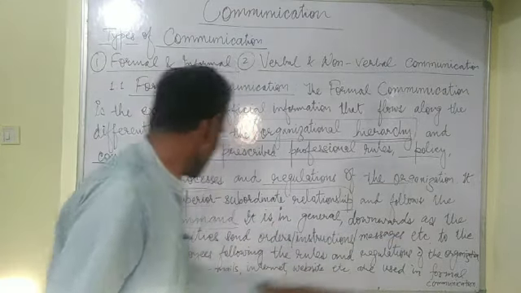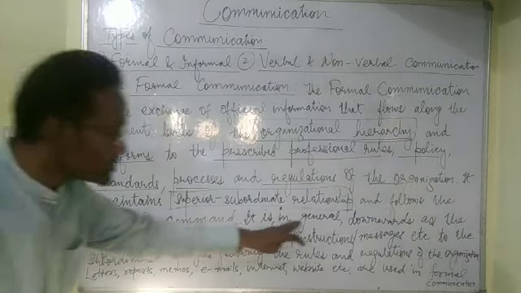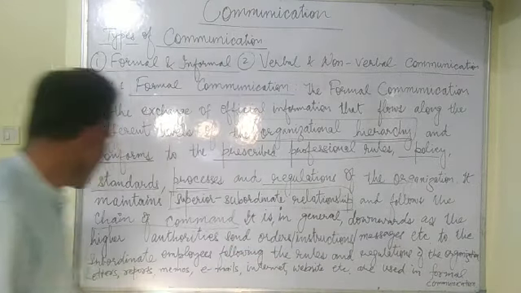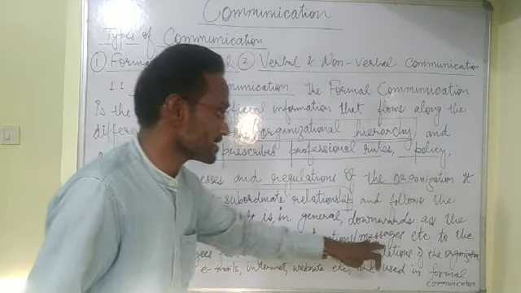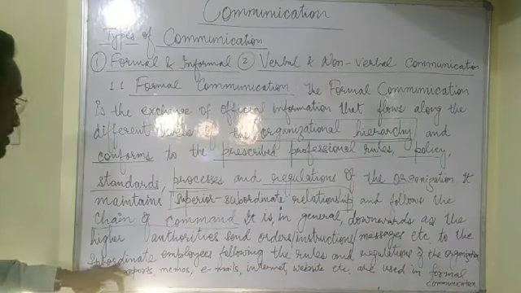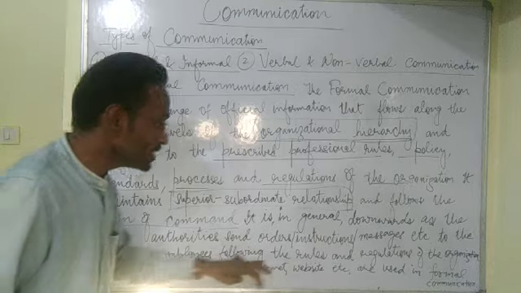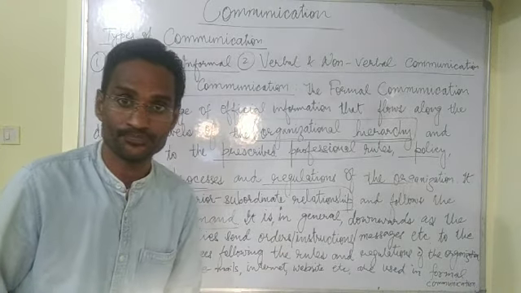So it follows the chain of command. It is in general downwards as the higher authorities send orders, instructions, messages, etc. to the subordinate employees following the rules and regulations of the organization.